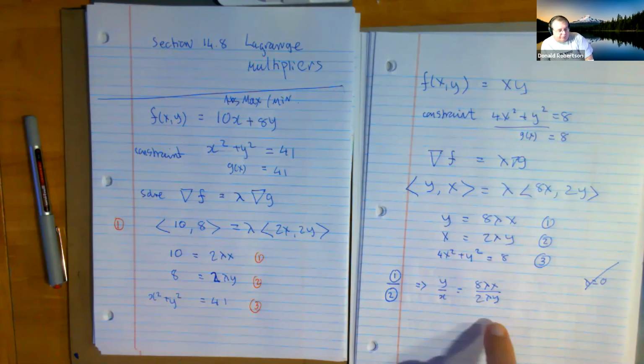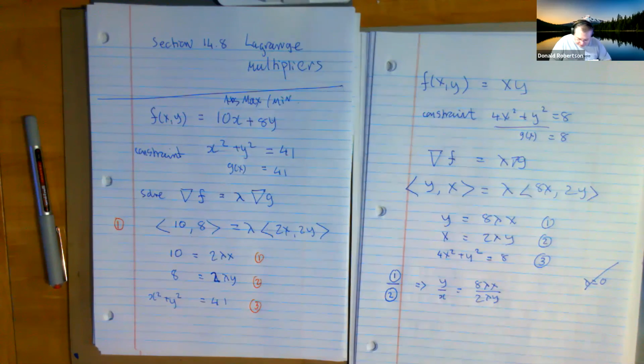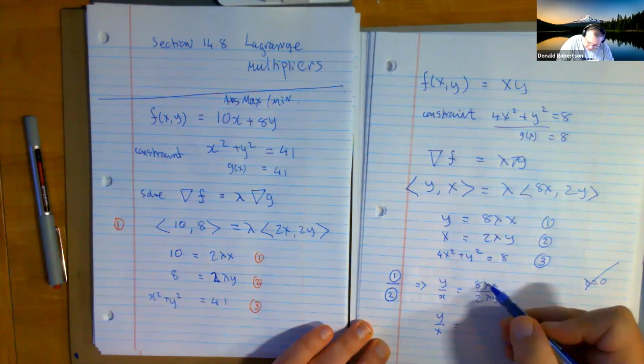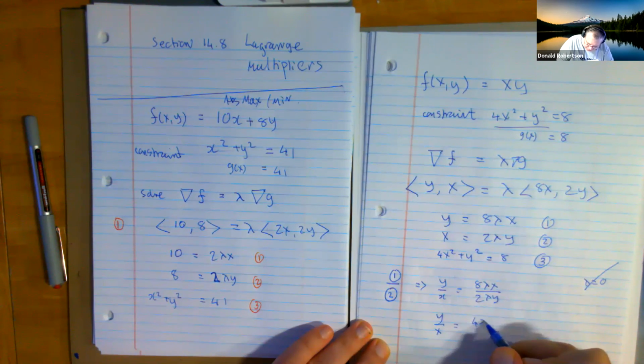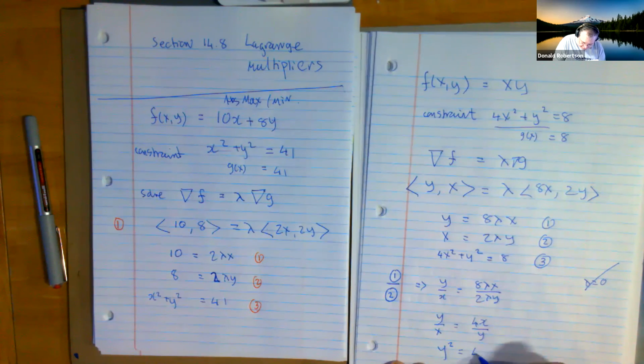And I do have some examples of this online for you as well, not this one. Now, if I tidy it up a little bit, can't I cancel the lambdas and reduce it a little bit and I get that? Now, if you cross multiply, do you notice that y squared can be 4x squared?